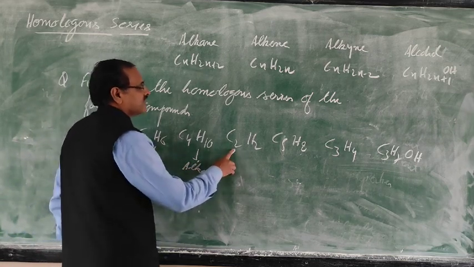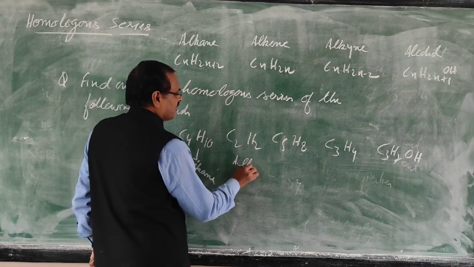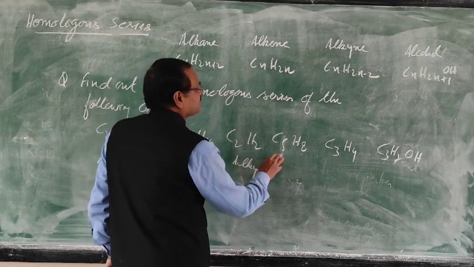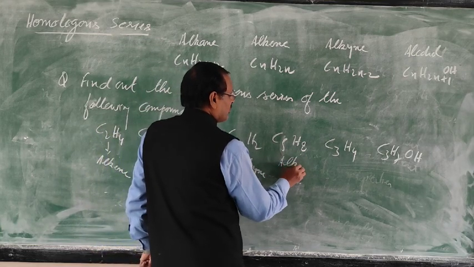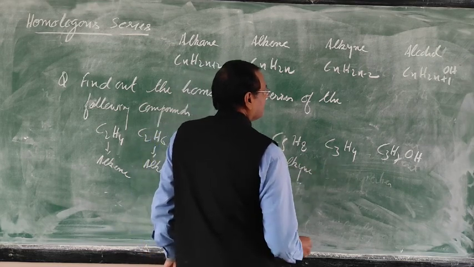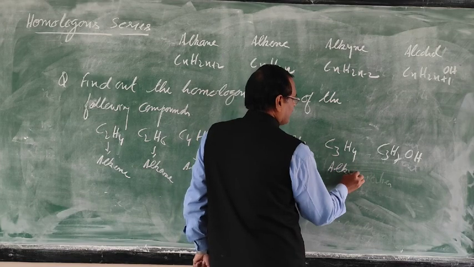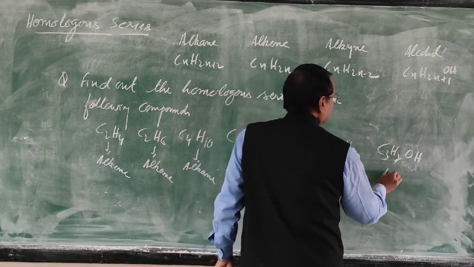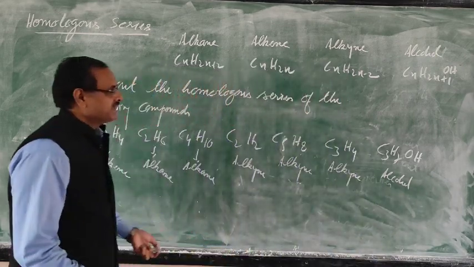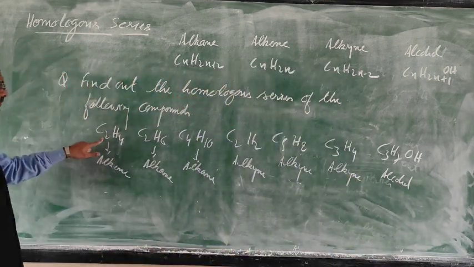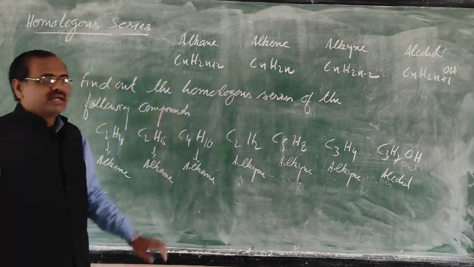This one is 2 less than double, so alkyne. This one, 5 to the 8, 2 less, is also alkyne. Then 3 to the 4, 2 less, alkyne. And this one is alcohol. So in this way you can do it, and there is another method: whatever the value of n is given, you can write it in all the formulas, then see which one is suitable.